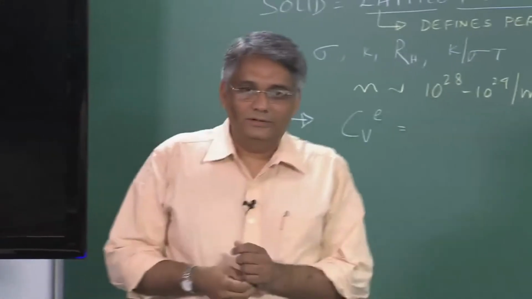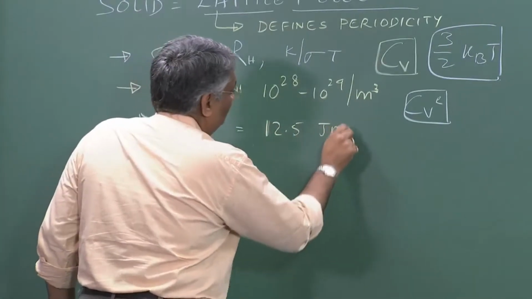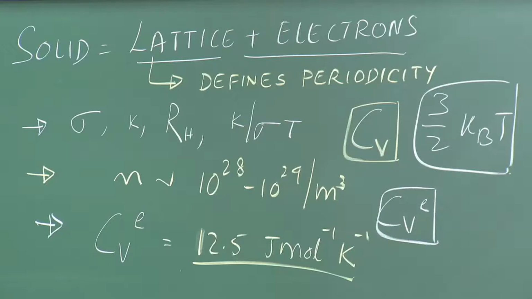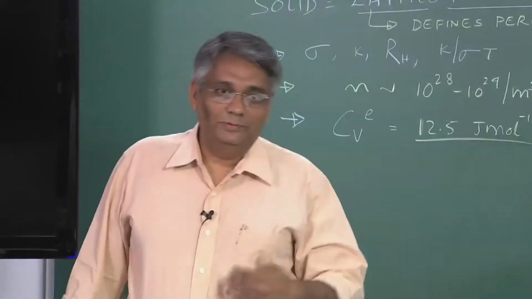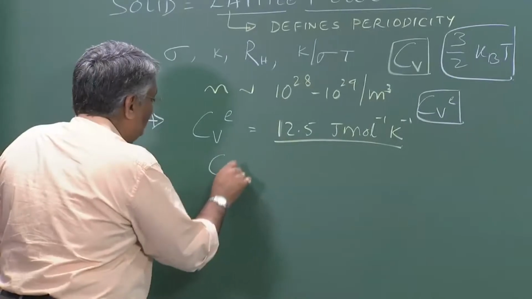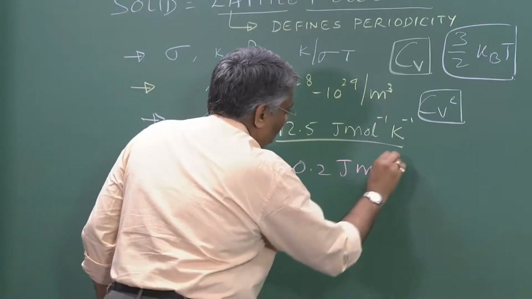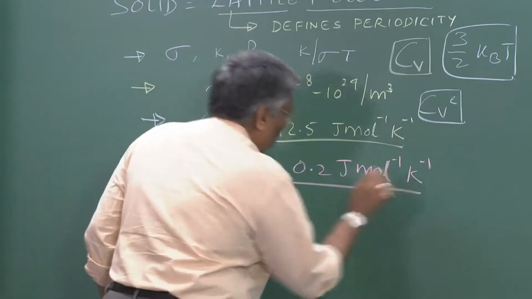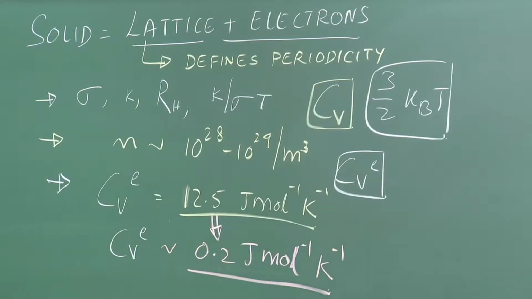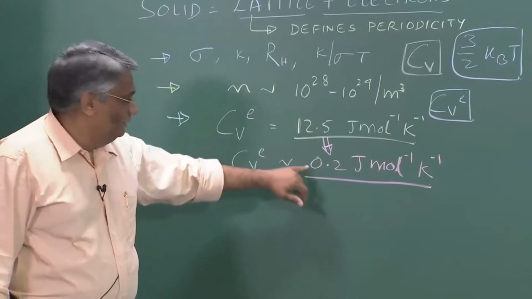So the theoretically calculated electronic specific heat values are something like this, but when people started doing experiments to find the electronic specific heat values, these values turned out to be... oh, you see the difference, almost 1 order difference between the theoretically predicted values of electronic specific heat and the experimentally obtained values.